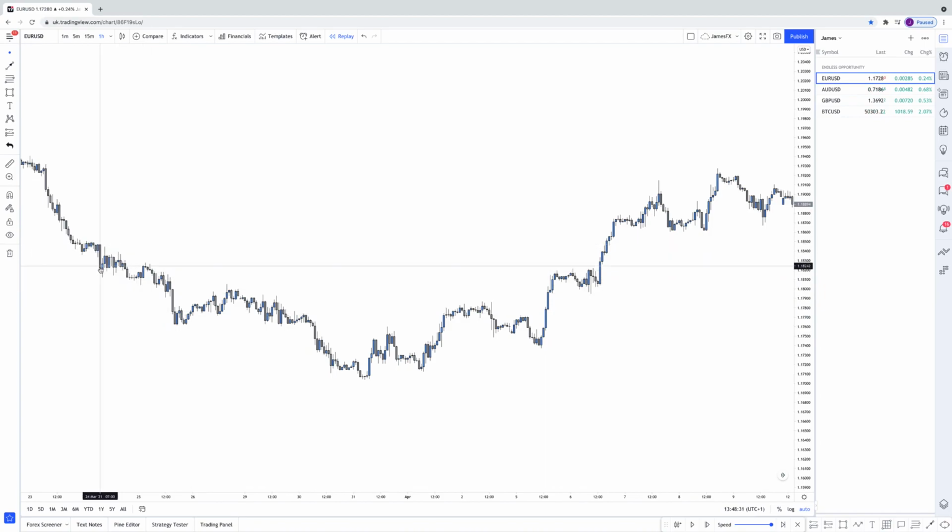You can see once we've broken structure, we've come back in to mitigate this fair value gap, the imbalance and the order block. Mitigation, range, a little move down here, pull back, mitigation, break of structure, which would be the most visible break of structure is this move here, because this candle has broken impulsively and left imbalance.